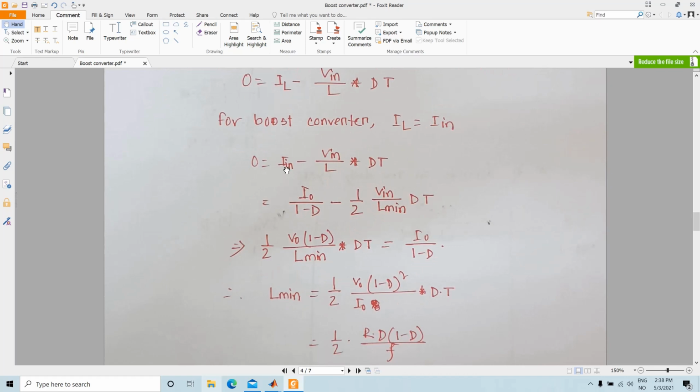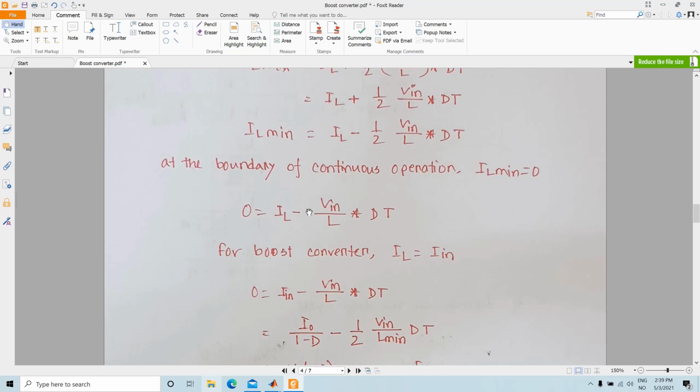So if you replace IL with I in, and then you replace this I in with output current divided by 1 minus D, and then this part again comes from V in.